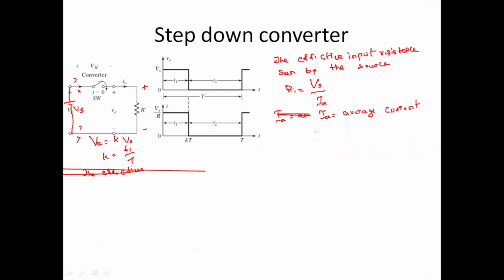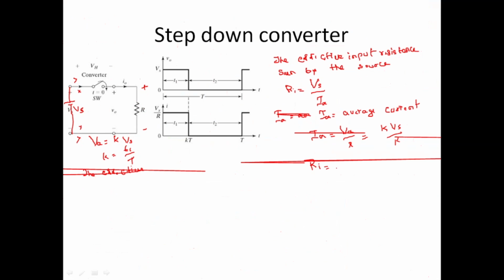Okay. So what is the average current? IA is nothing but average voltage divided by resistance. What is average voltage? K into Vs divided by R. So what is Ri?